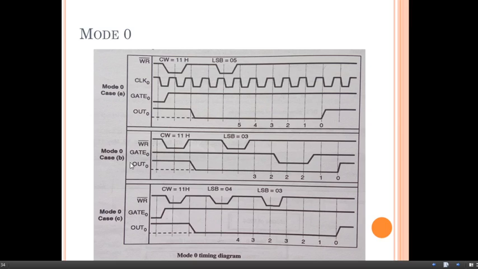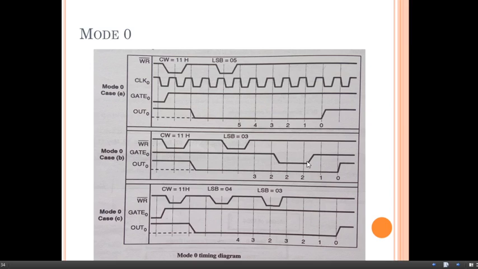Then the second case. In this second case the operation is similar to operation 1, only the difference is in the gate signal. In the first case we observed that gate is always high, means activated, but here in the second case the gate is disabled one time.